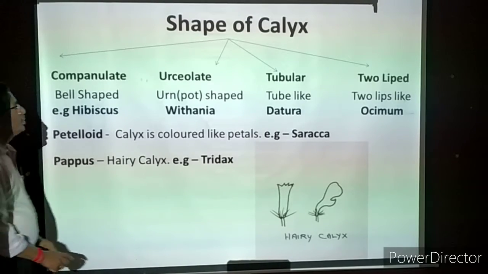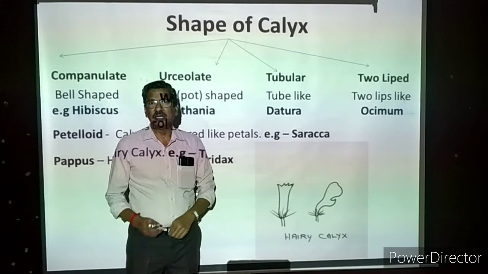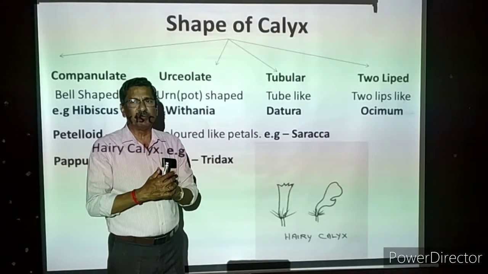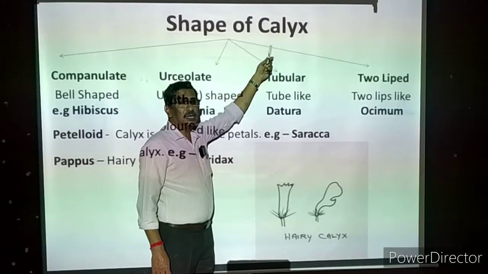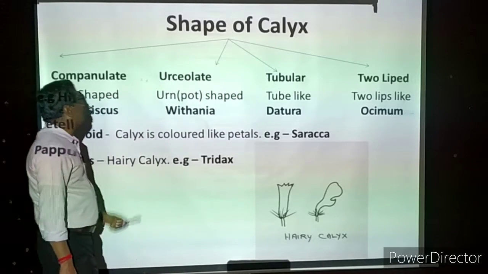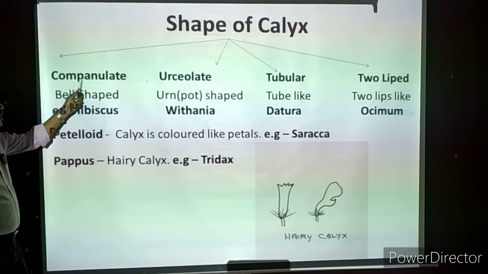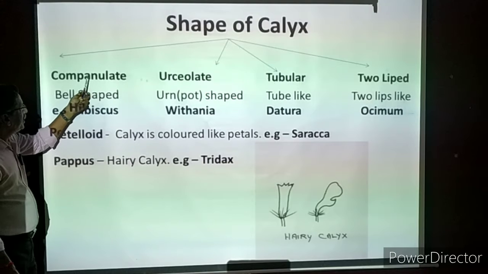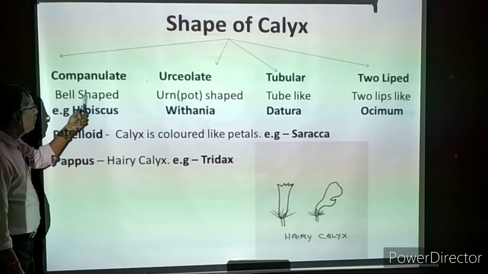Now we are coming to the shape of the calyx. The whole calyx, the sepals are there. All the sepals join together to form the calyx. That is the outermost whorl. What are the various shapes that will be present? We have to see. Now the first one is campanulate. The first type of calyx is called campanulate. Here itself I will tell you, that is bell shape.